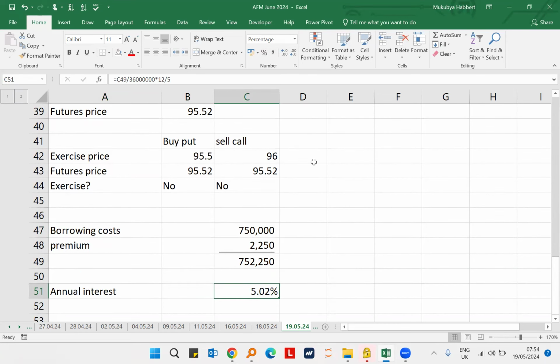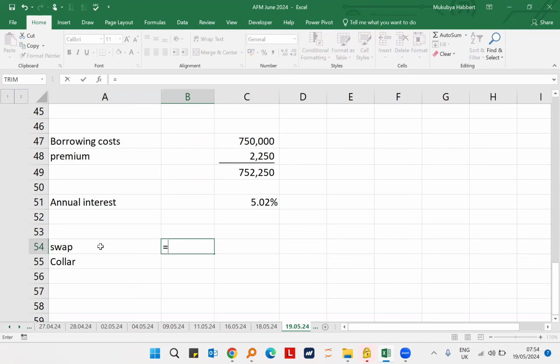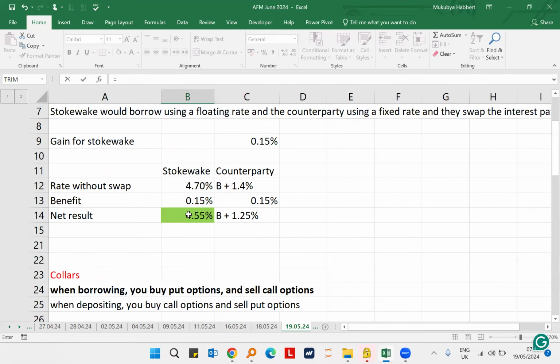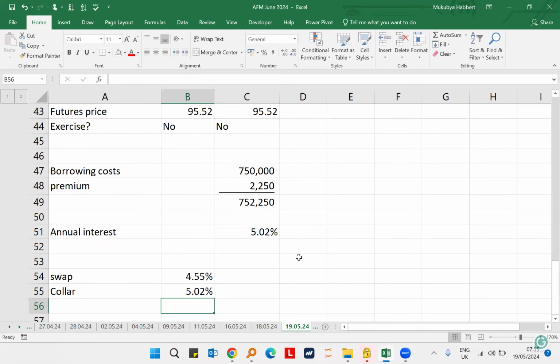Okay, so now we can compare with the swap and with the collar. With the swap, we ended up saying that we are going to borrow at 4.55, and with the collar 5.02.